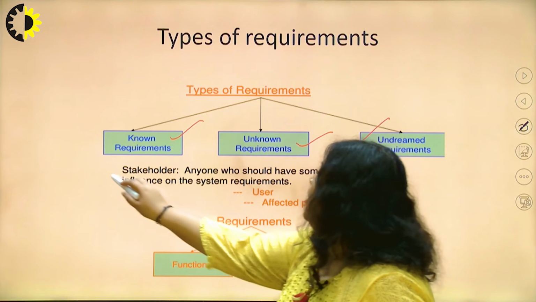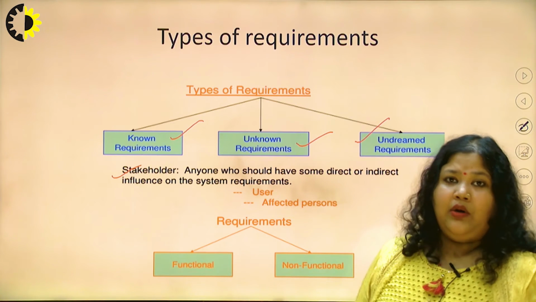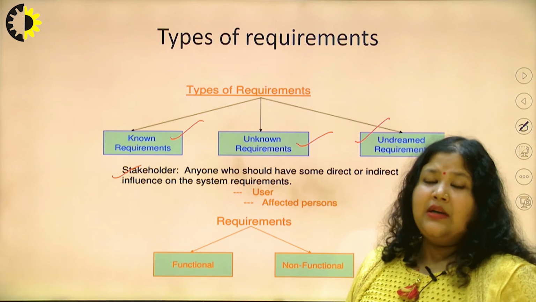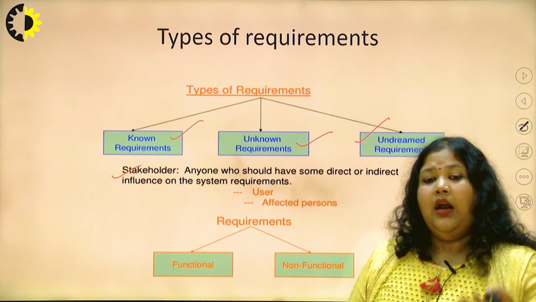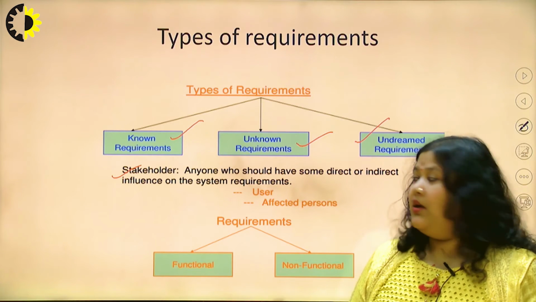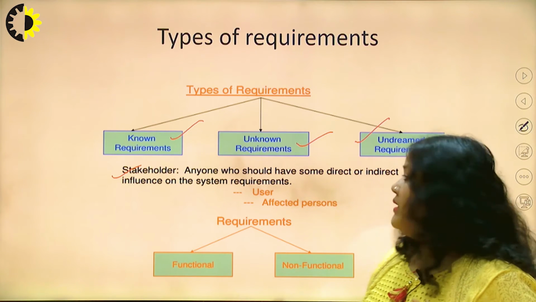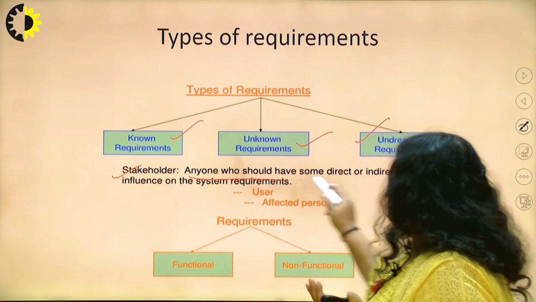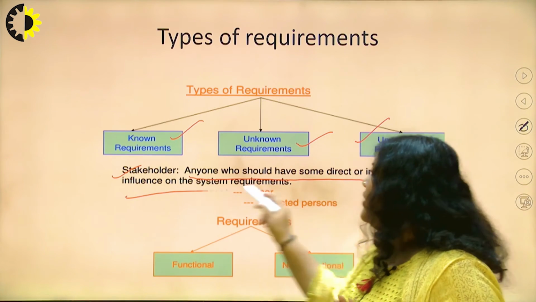Now, stakeholder. What is a stakeholder? A stakeholder is a person who is directly or indirectly related to that particular project. Anyone who has direct or indirect influence on the system requirements.